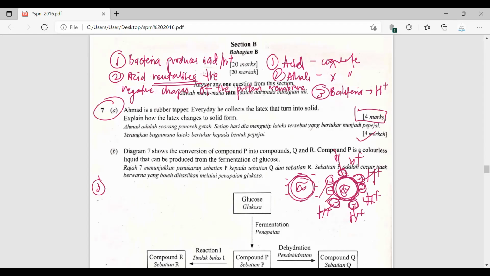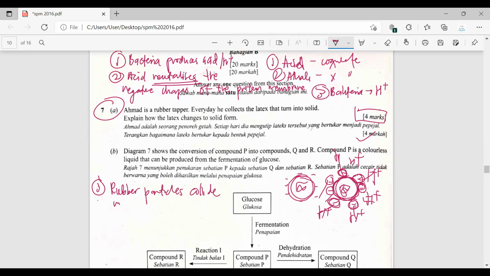Will the rubber particles collide now? Because no negative charges, they don't repel one another. Can they collide with one another? You've probably forgotten, yeah, but never mind, teacher will give you the answer. My rubber particles collide with one another.